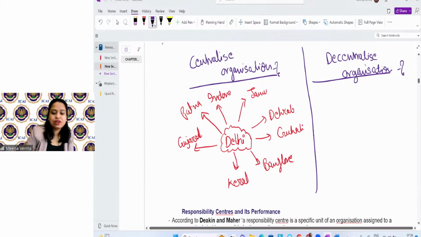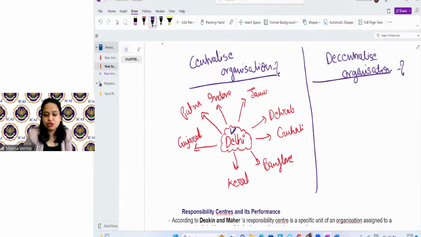Every decision will be taken here in Delhi and then executed in the respective places. Raw material will first be purchased in Delhi, then transferred to Indore.